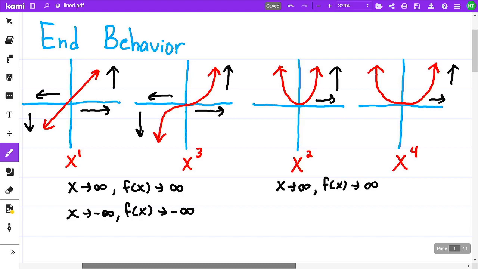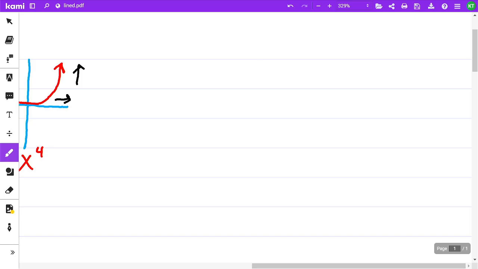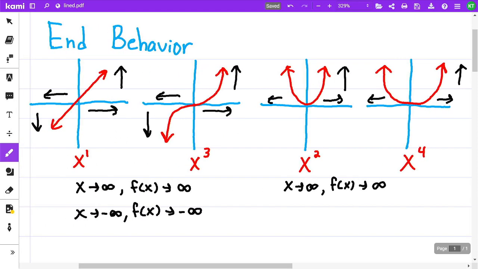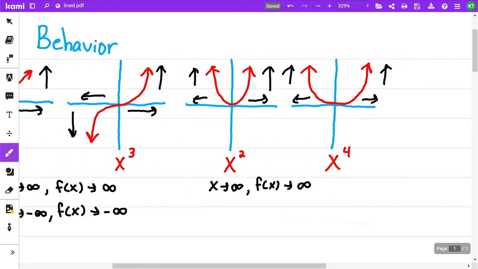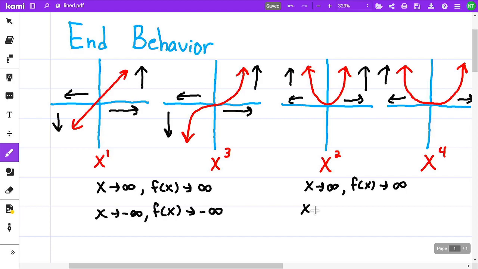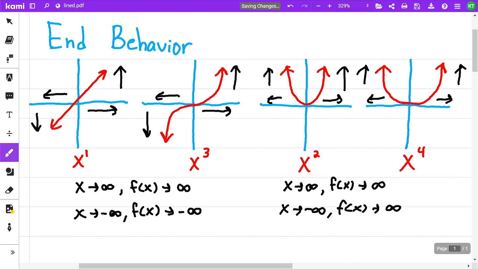And then the difference between odd and even degree functions is that as we approach negative infinity on an even degree function, our f of x will also be approaching infinity.